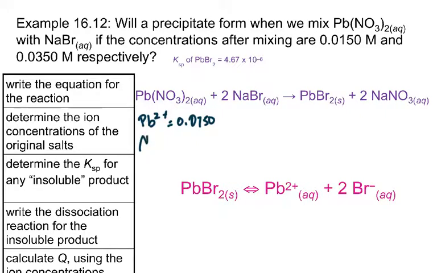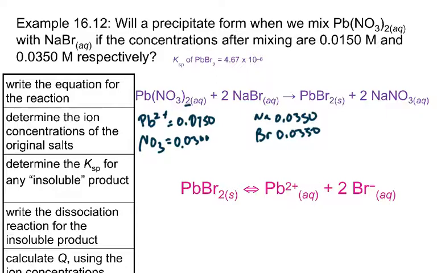For our nitrate, we're going to have 2 times that, which is 0.030. And for our sodium bromide, we're going to have a sodium of 0.0350 molar and our bromide of 0.0350 molar.